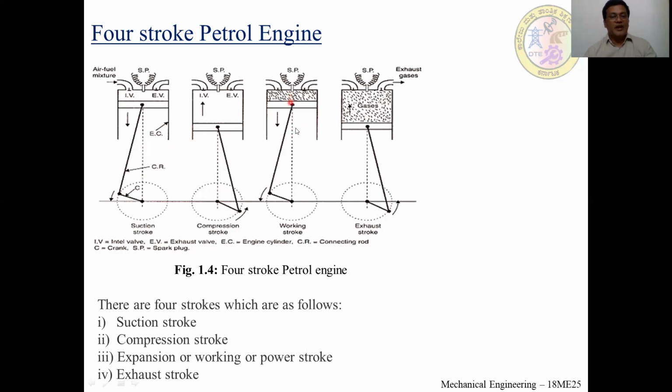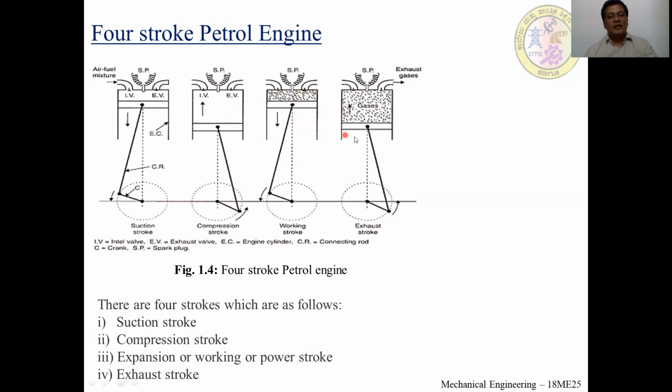Due to this expansion, high power is developed, and that power is utilized to do some useful work. Here also both the inlet valve and exhaust valve are closed. When the piston reaches BDC, the working stroke is completed.